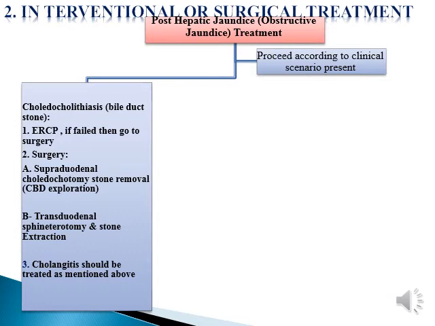If this technique fails, then we go to surgery, which includes either A, supraduodenal choledochotomy and stone removal, called CBD exploration, or B, transduodenal sphincterotomy and stone extraction. Definitely we need to treat cholangitis as mentioned above.